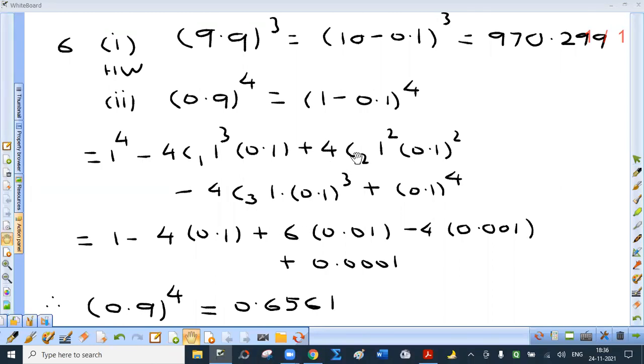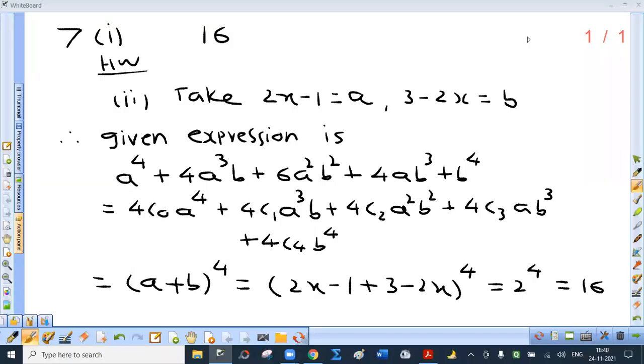Actually, in exam, you have to show this using formula. So what is the final answer here? Before that, 1 minus 0.4 plus 0.06 minus 0.004 plus 0.0001. So 0.9 raised to 4 is 0.6561.